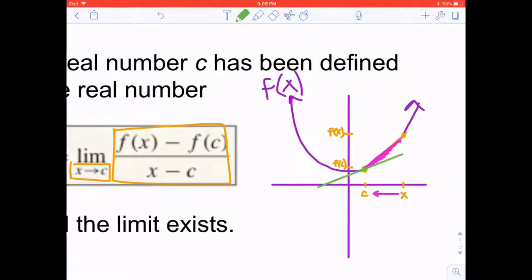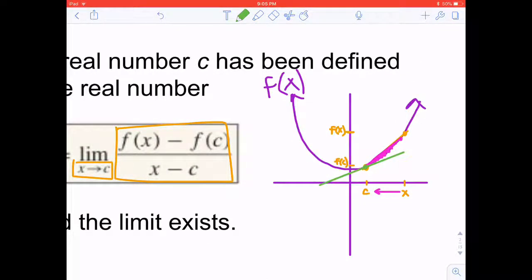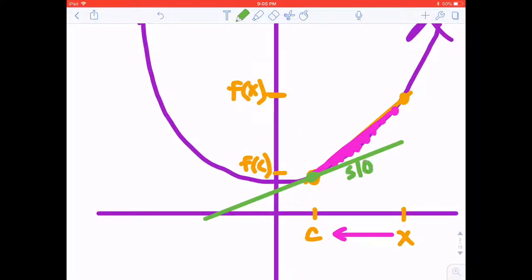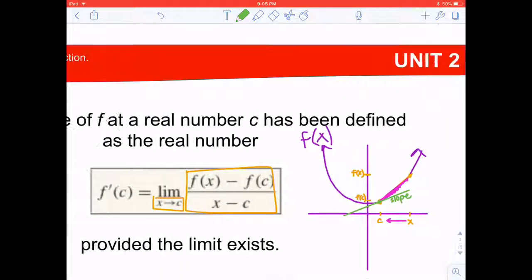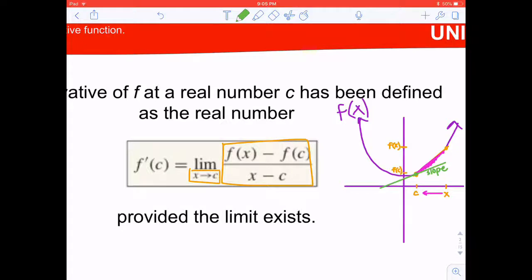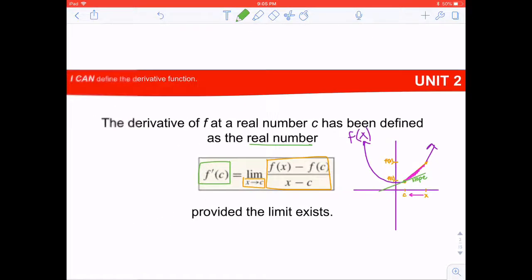So the derivative is the slope of this line here. And slope, as we know, is a real number. Therefore, this right here, f prime of c, is a number which represents the slope of that tangent line.